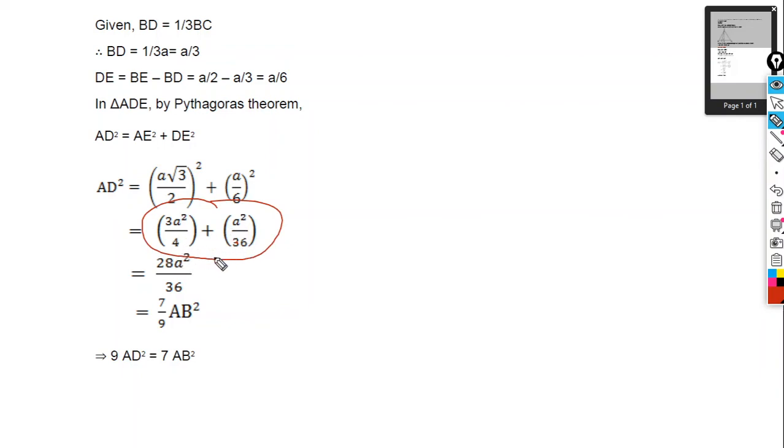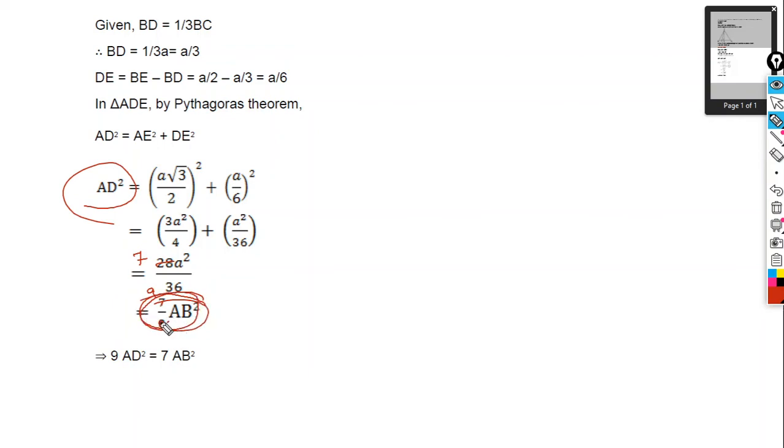Now add both of them, the LCM is 36 and here it will be 28A square. Now cancel them out, it can be cancelled by 4. 4 7s are 28, 4 9s are 36, so 7 by 9 AB square. Now AD square equal to 7 by 9 AB square.